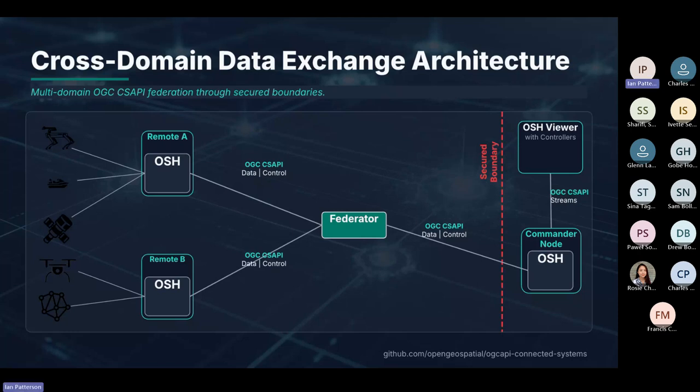And by using MQTT for this, which is what we're doing, it lets a viewer on the opposite side that has controls send commands to what we have dubbed a commander node, and it will publish those commands out through this pipe to the federator, and then that is associated with a sensor on, say here, remote A, with this little robot, that you can then tell, hey, go to this waypoint, so to speak.